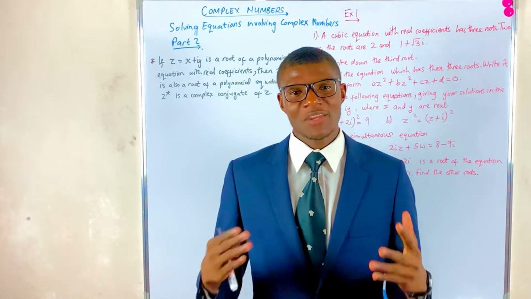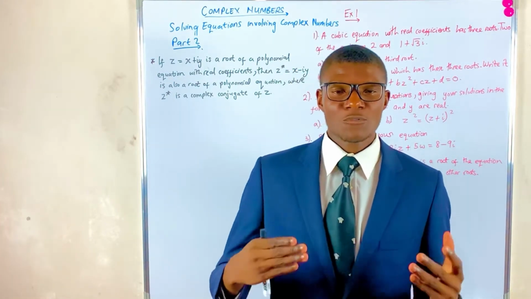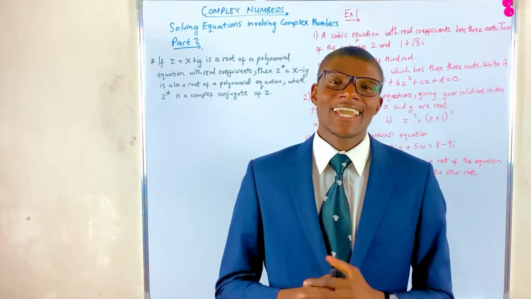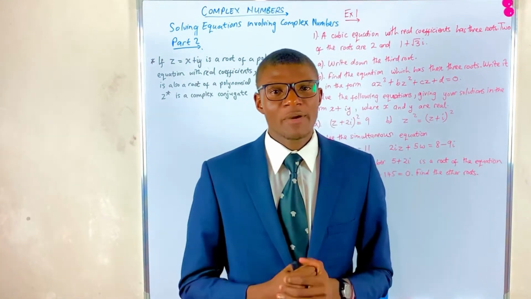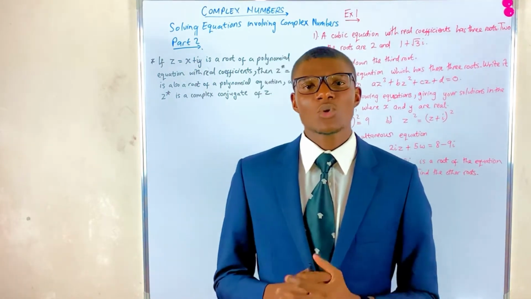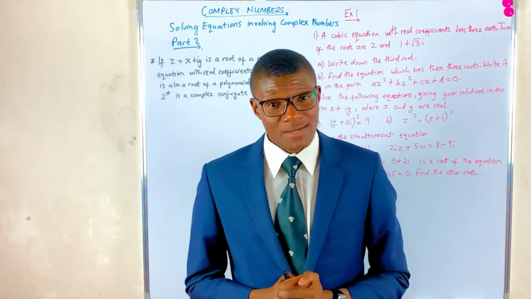In today's video, we're going to talk about solving equations that involve complex numbers. In this video, we're going to look at polynomial equations with solutions that may be complex numbers.